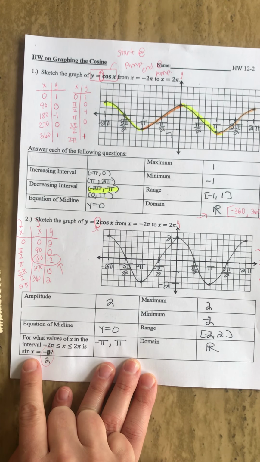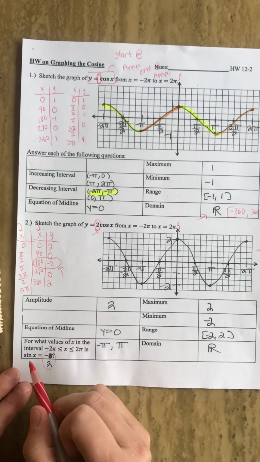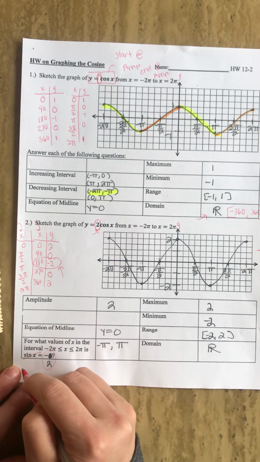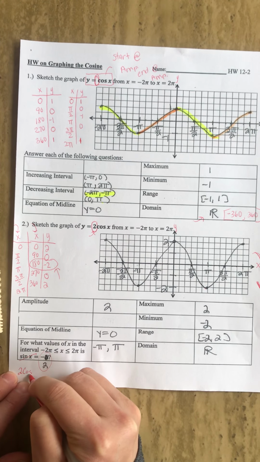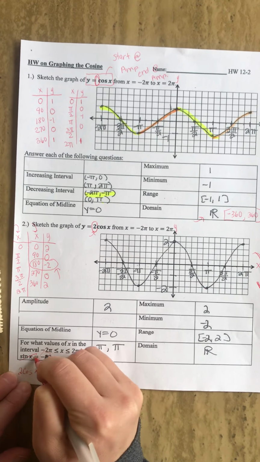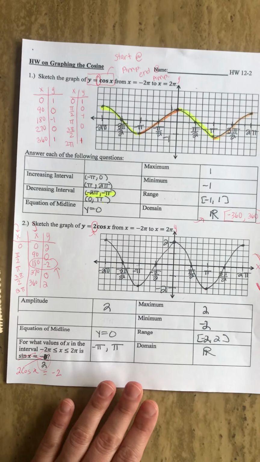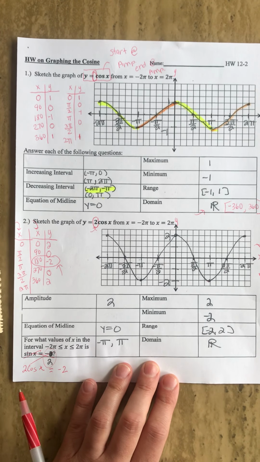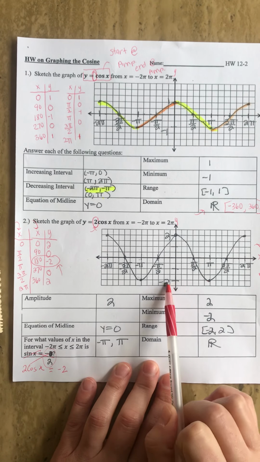We want to know when, actually this right here is 2 cosine x is equal to negative 2. So make that small change on your homework, please. You can see when it will be negative 2.